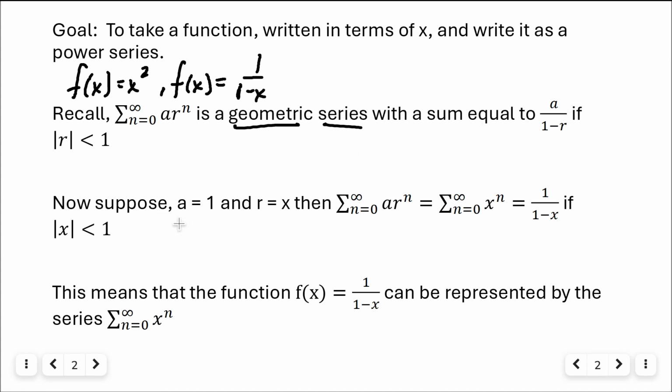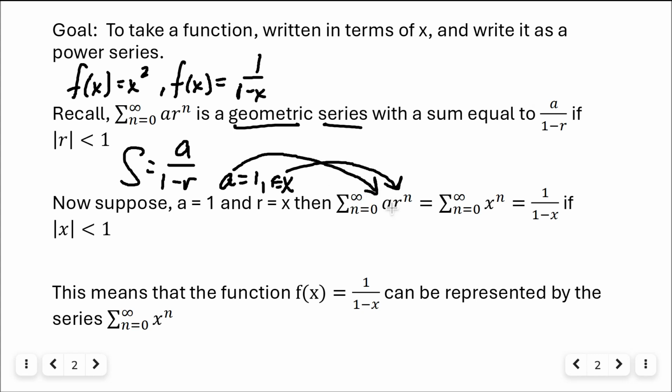Let's suppose that a equals 1 and r equals x. Then if I substitute a equals 1 and r equals x into my a times r to the n equation, I would get 1 times x to the n. So the sum from n equals 0 to infinity of x to the n.